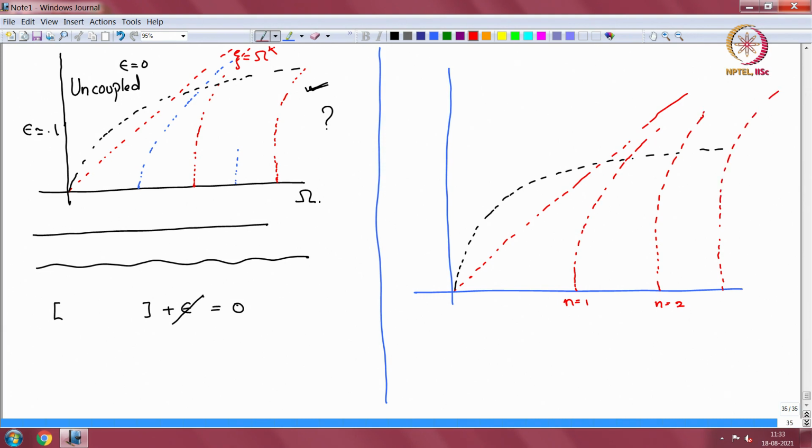As I said, these are uncoupled and they will approach this plane wave at higher frequency. Now I will give you the picture of the coupled wave just a little ahead of the story. So because epsilon is small, every wave gets modified slightly, okay. There is not a strong modification to the original wave. So this wave looks a little like this over here. Let me plot. It looks like this, okay, in the coupled case.